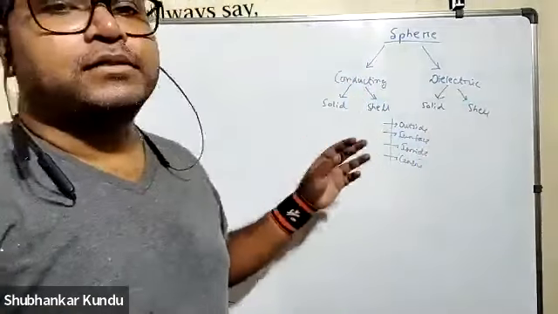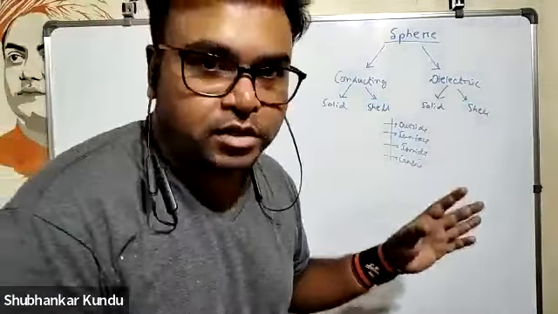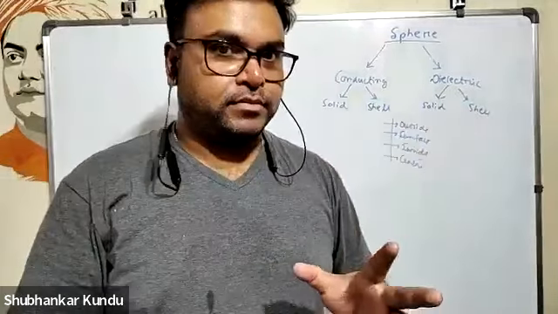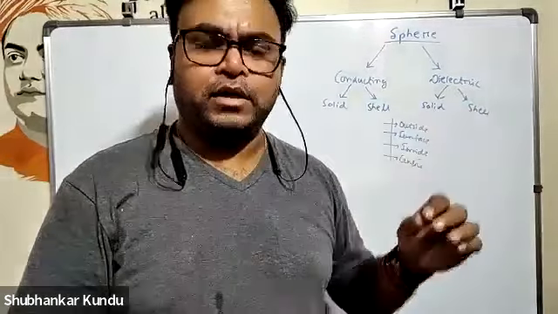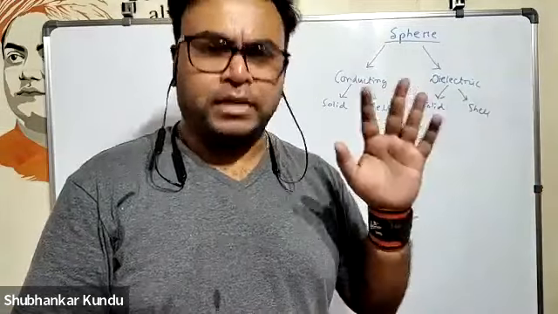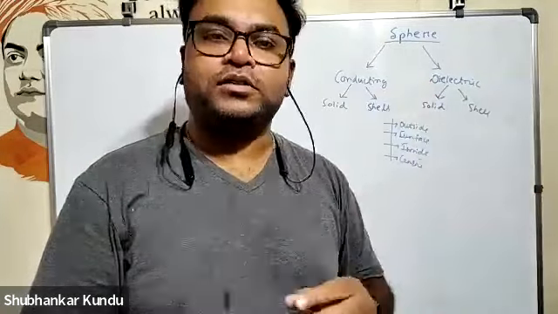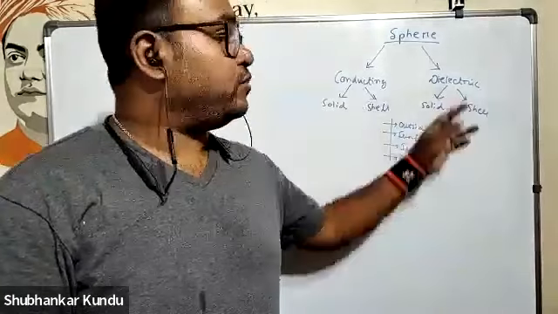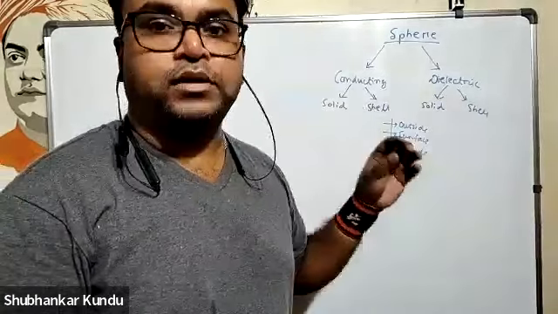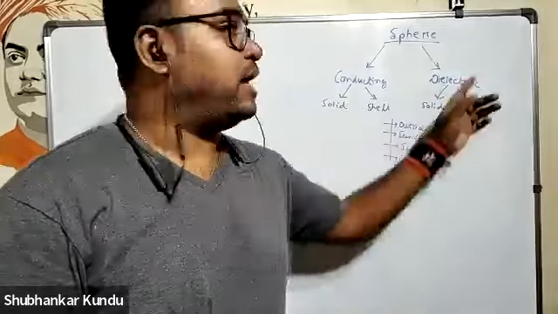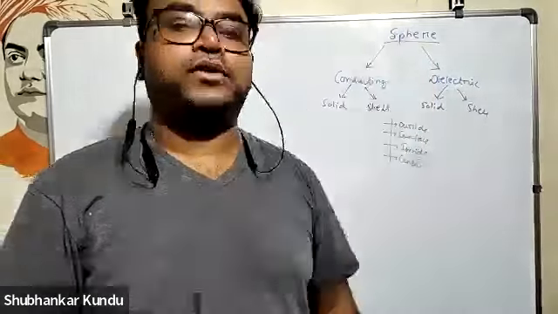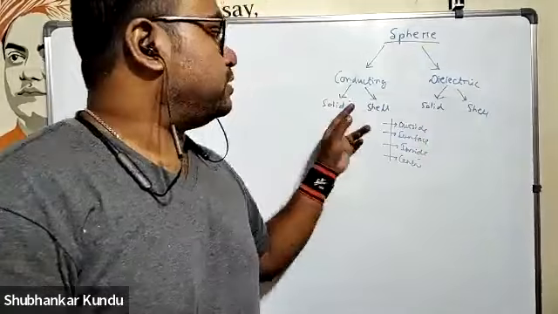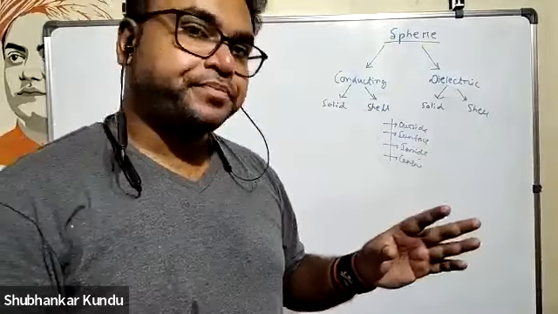Because whenever you are giving a charge to a conducting sphere, be it hollow like a shell, be it solid, charge resides on the surface. Same case. Also, we know that if you are giving some charge to a non-conducting hollow sphere, that is a dielectric shell, charge goes to the surface. So this will be the same case.